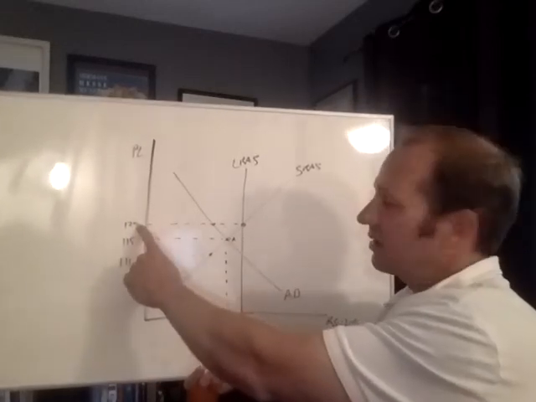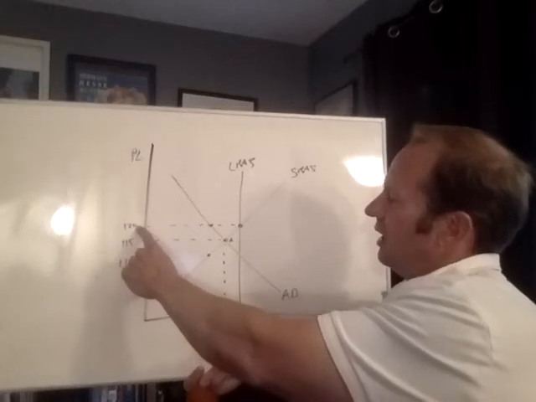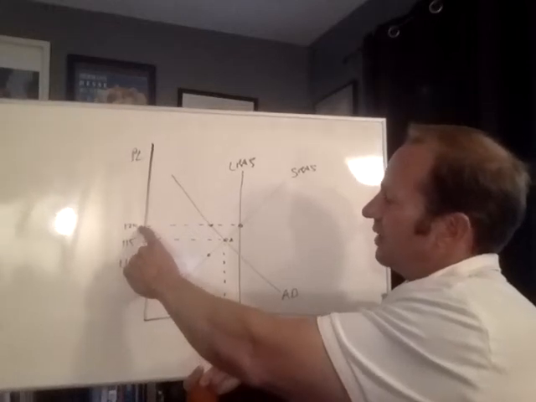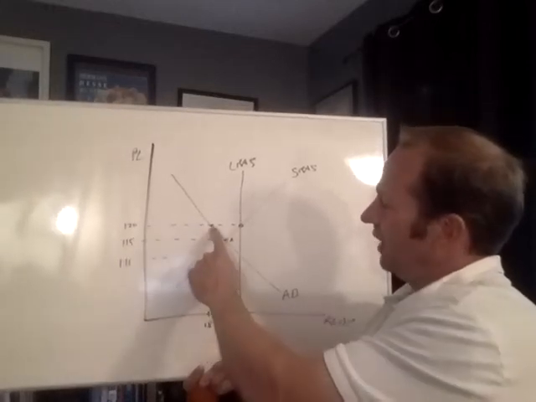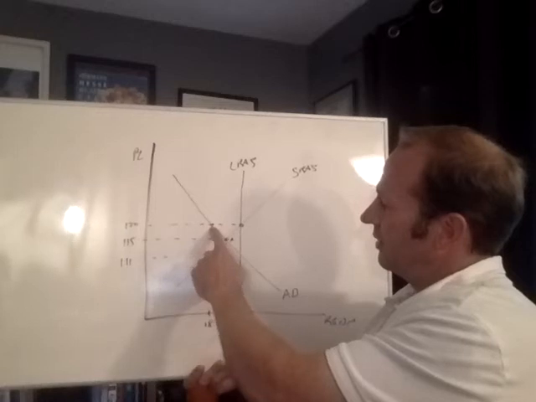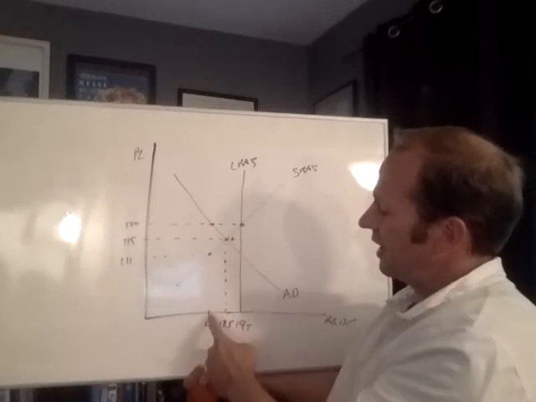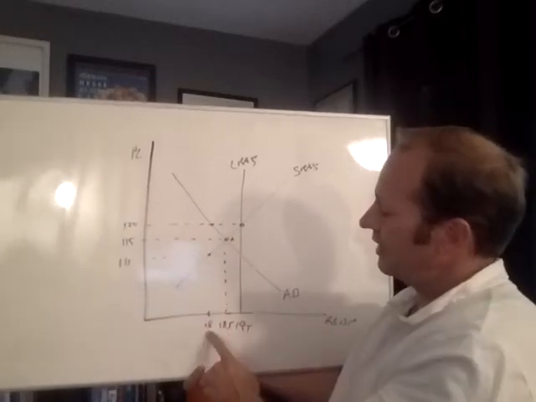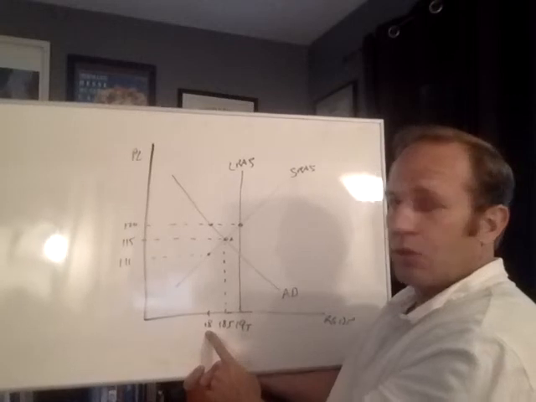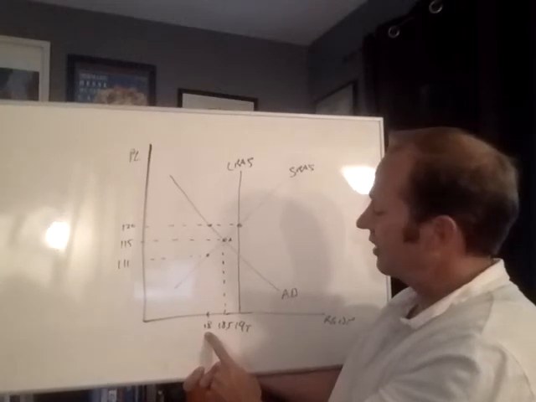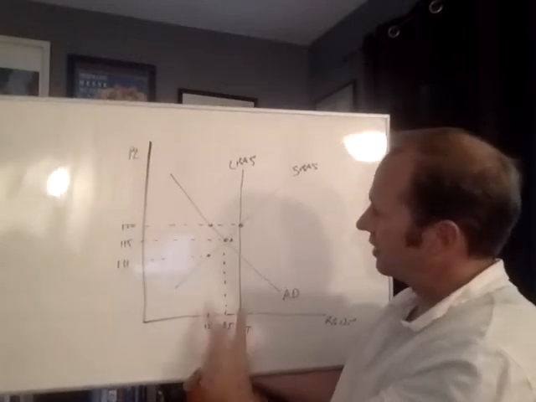That's where we expect to be. At that price level, the total amount of aggregate demand at the old price level is only 18 trillion. We need to raise aggregate demand by 1 trillion.